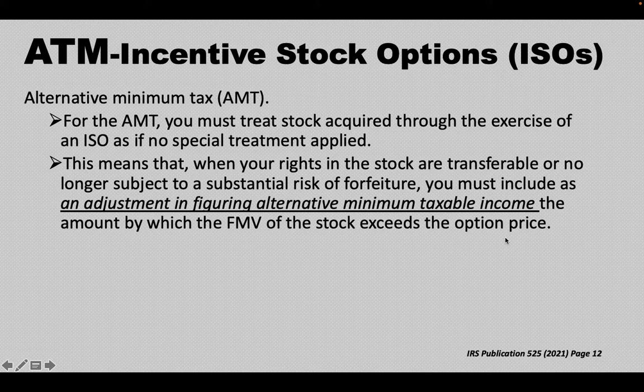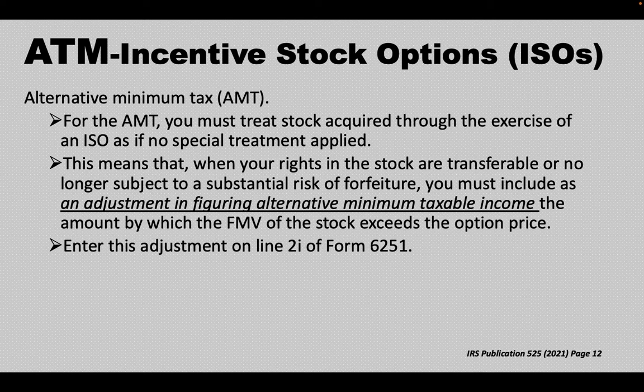I'm going to show you an example later. Basically, when you exercise your option, you own the stocks, so in this case you have to recognize the alternative minimum tax. This is called the adjustment. It's the price difference above your option price at the time you exercise, times the shares.